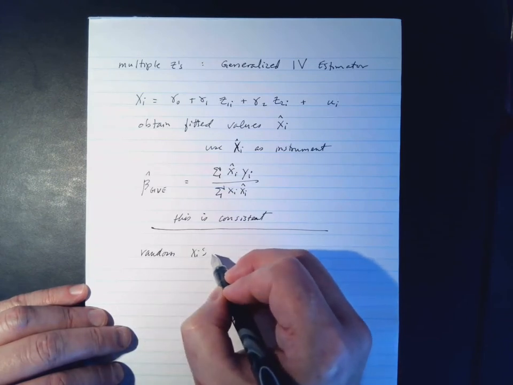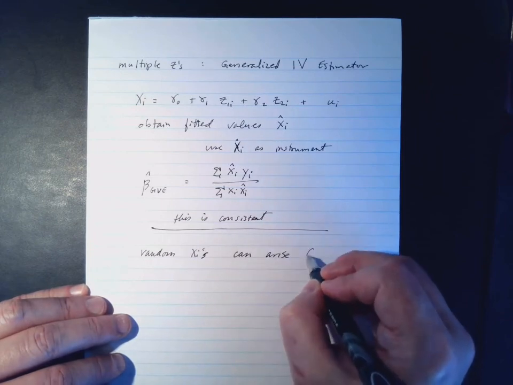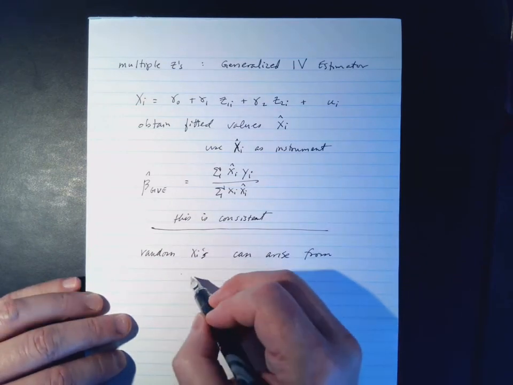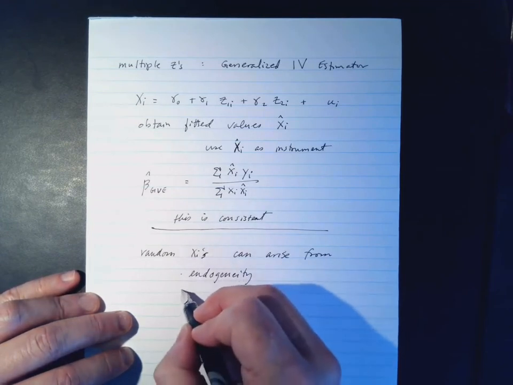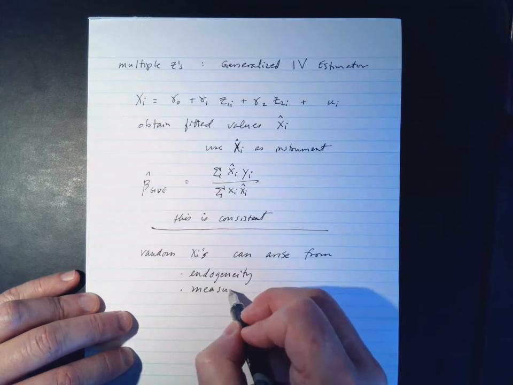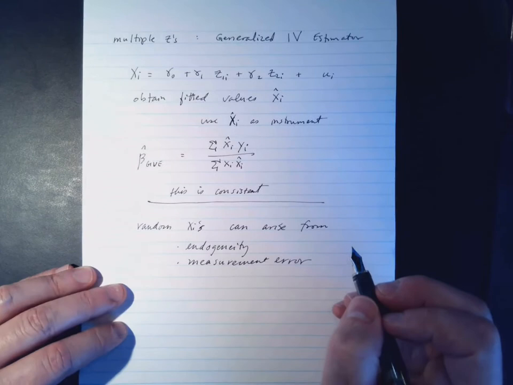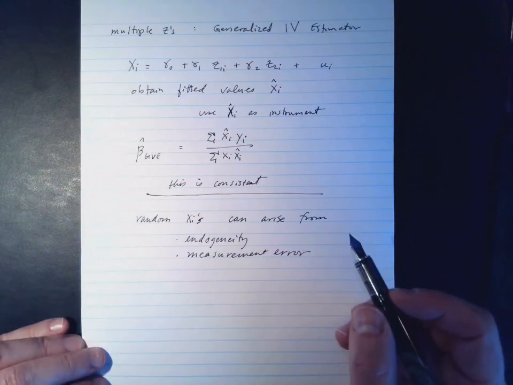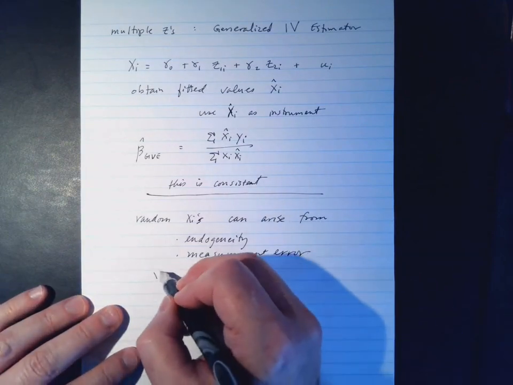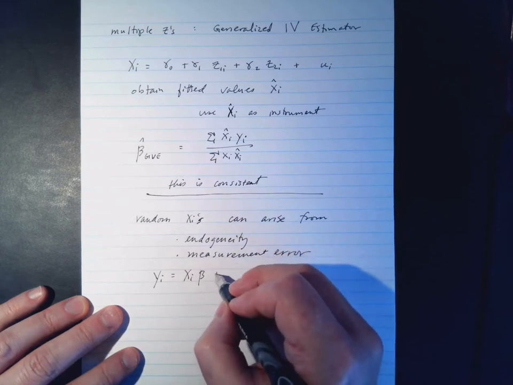Random x's can arise from, so I've talked about endogeneity. Another one is measurement error. So let's say y is x i beta plus epsilon.